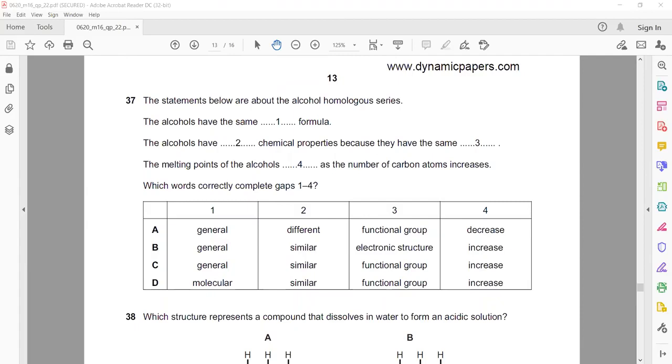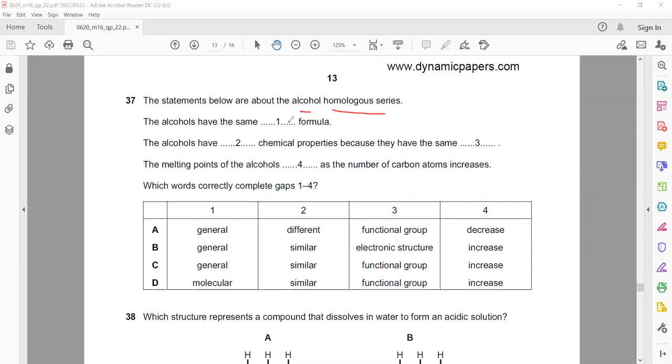Question 37. The statements below are about the alcohol homologous series.